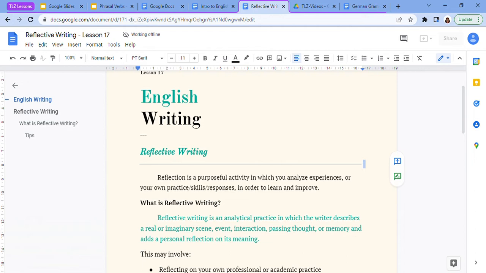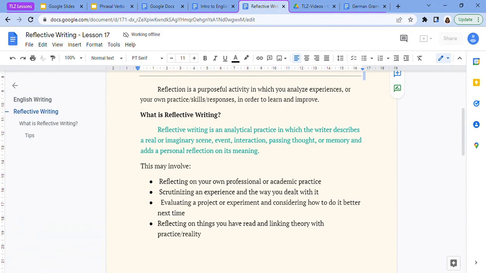Recollecting instances from your past and writing them down is a very helpful and fruitful way of examining your response to an event. So, reflective writing could involve reflecting on your own personal, professional, or academic practice.